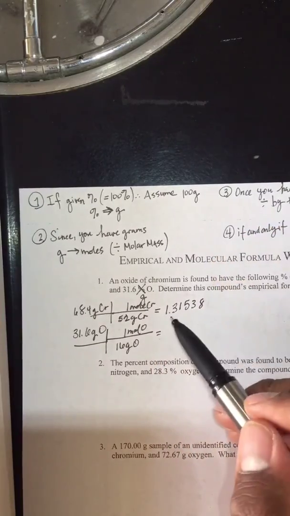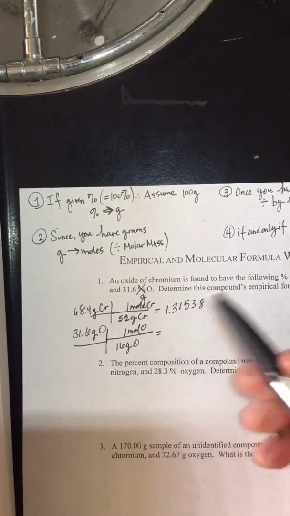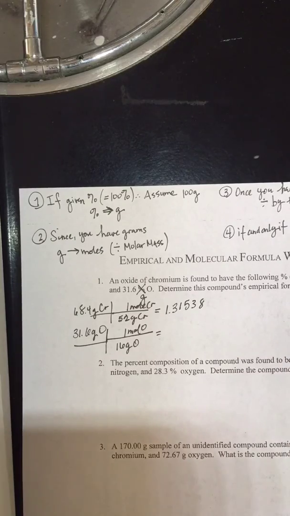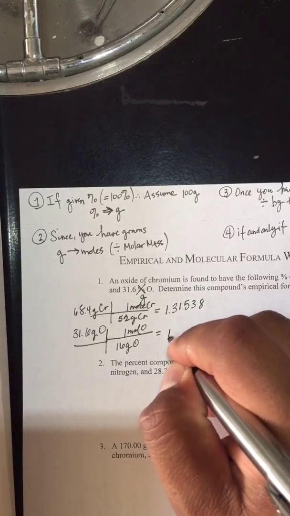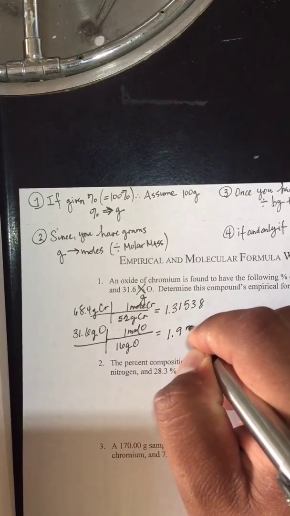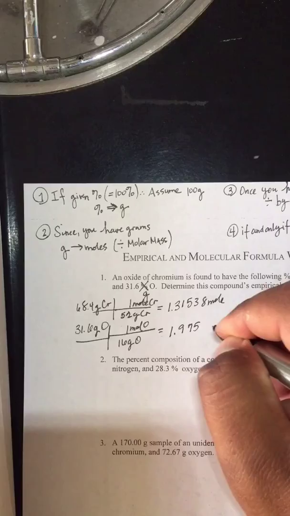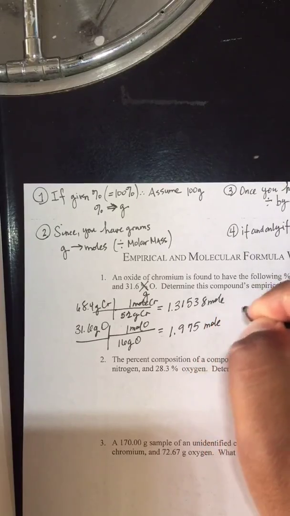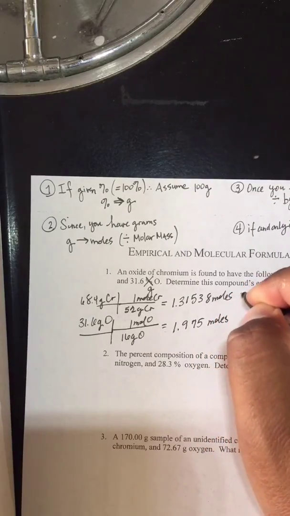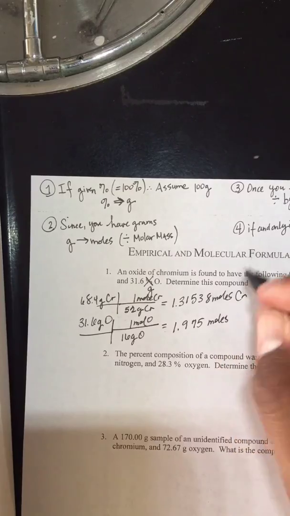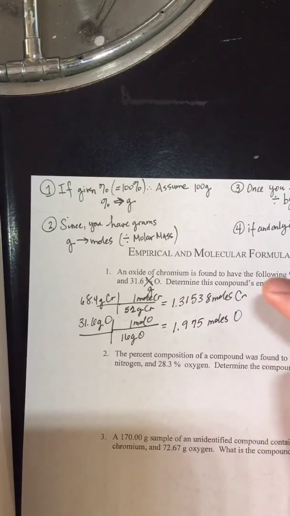Now give yourself a bit of numbers, because some of these numbers are going to be very close to one another, so we have to extend the precision quite a bit. And then we do the next one, divided by 16. This one we're going to end up with 1.975. Okay, and now remember that both of these are moles, this one of chromium and this one of oxygen.